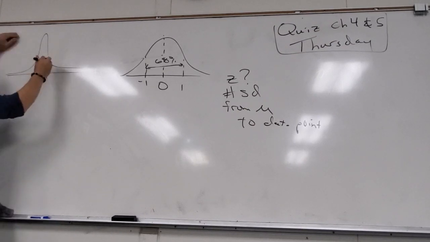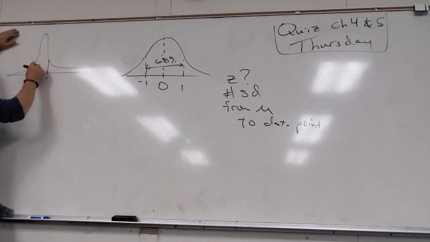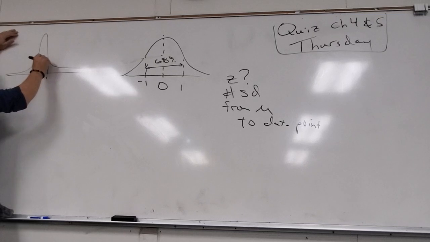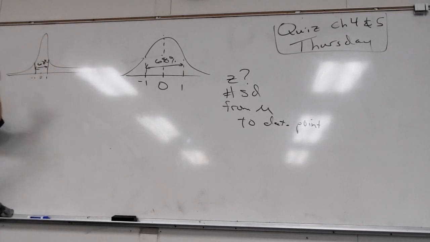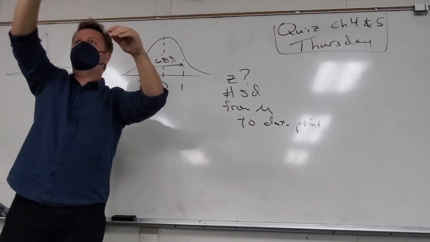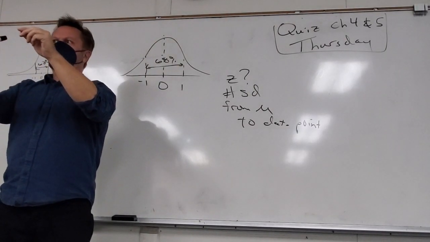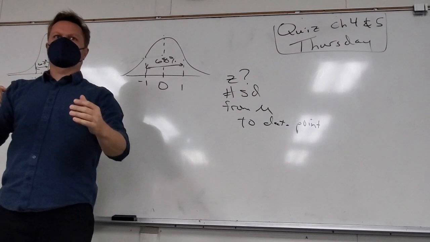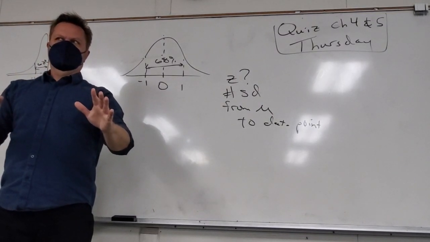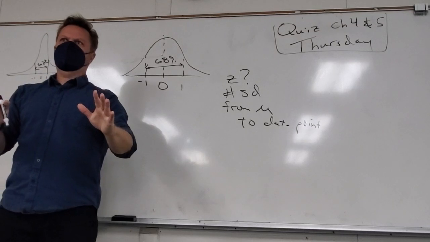Do you see how I'm still going to catch 68% because there's more stuff squished in there? No matter what my distribution looks like, as long as it's normal, it could be a fat one, it could be a skinny one, go 1 step up, 1 step down, 68%.